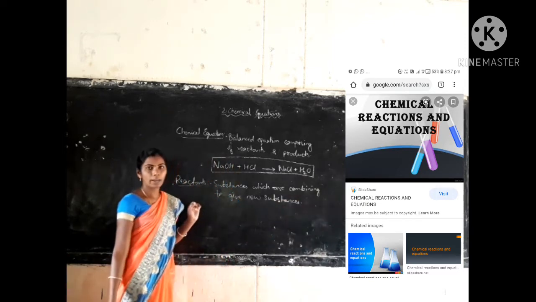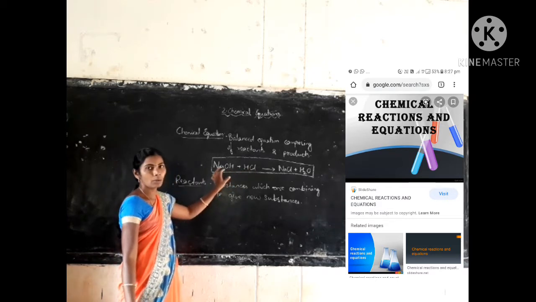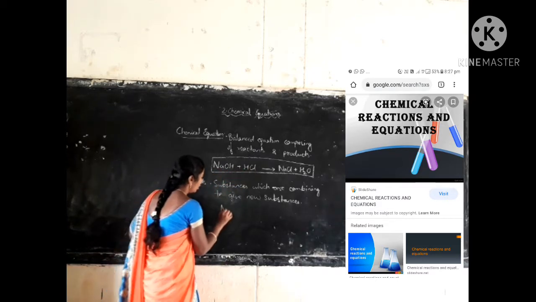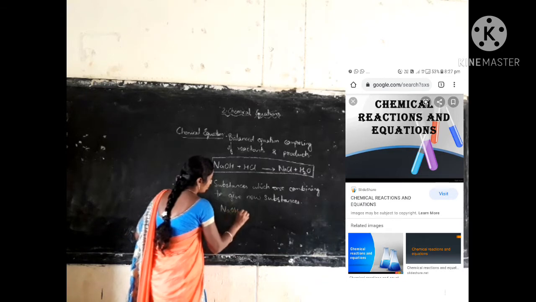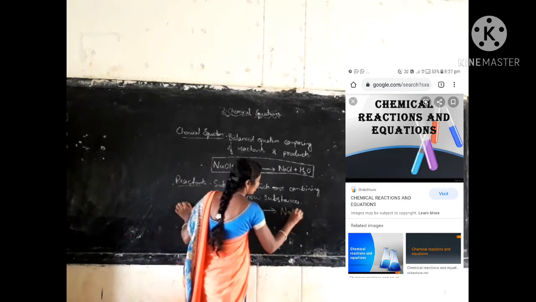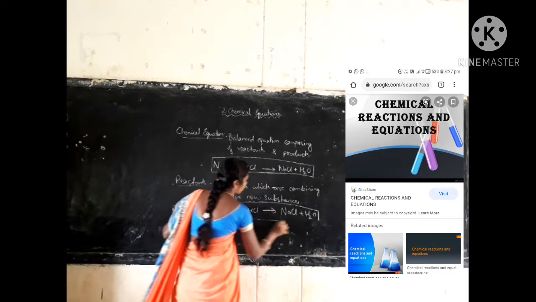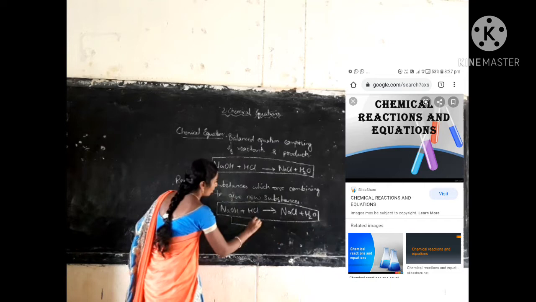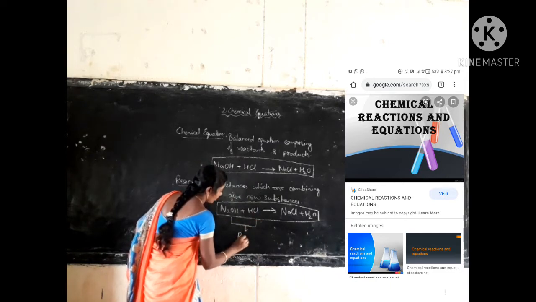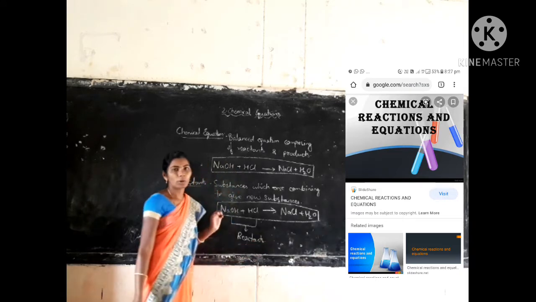So in this equation, which are the reactants? These two, NaOH and HCl. When NaOH and HCl give rise to NaCl plus H2O, these two are known as reactants because they combine to give new products.